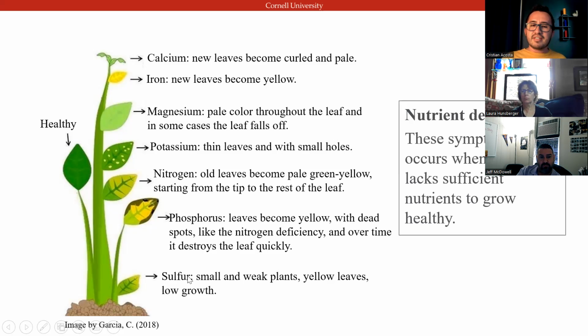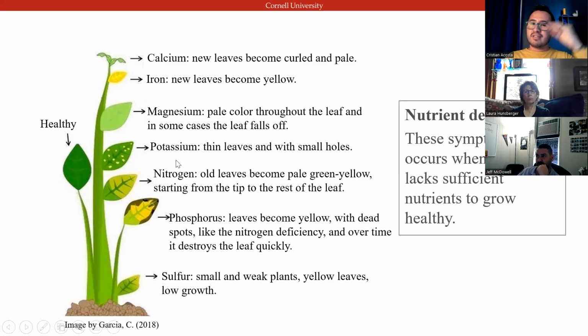And then we see sulfur, for example, where the plants just barely keep growing. Usually they are small, weak, yellow, and not growing well. This is just a general example, because there is more to see for each one of the deficiencies.